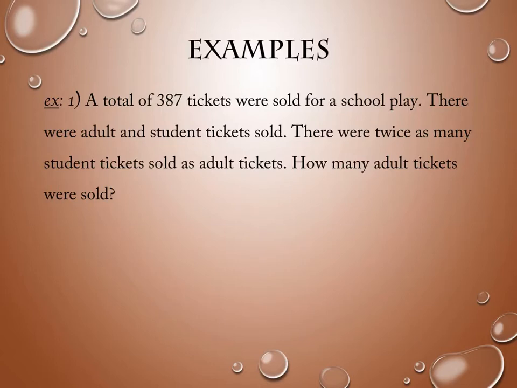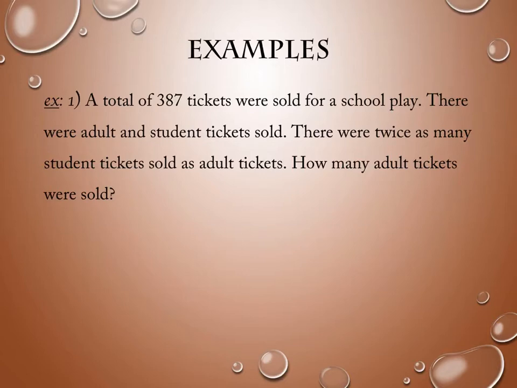Does everybody have it written down? Got it? Okay, so one of the things that is valuable for me to say right now is that every problem we do will have one unknown variable. Now, there's sort of two things here we don't know. What are the two things we don't know in this problem?